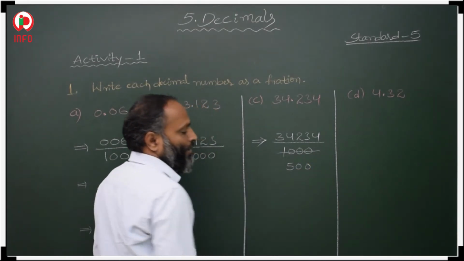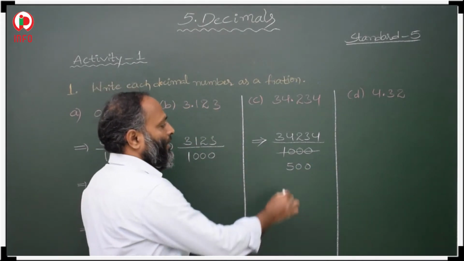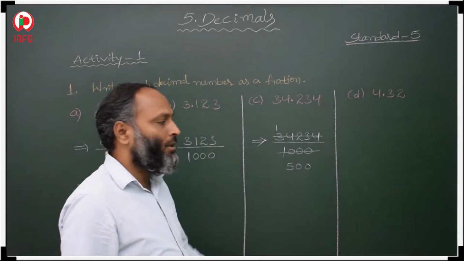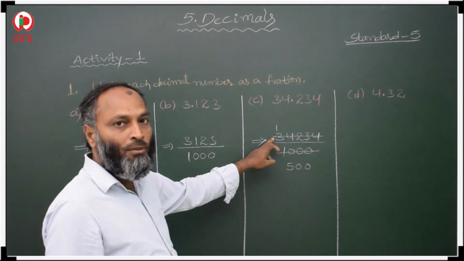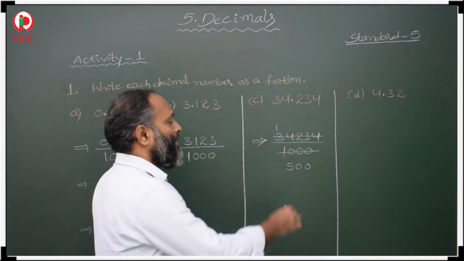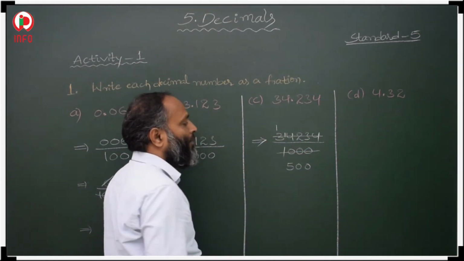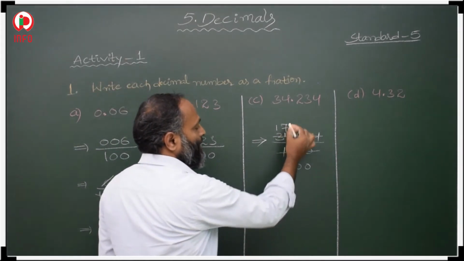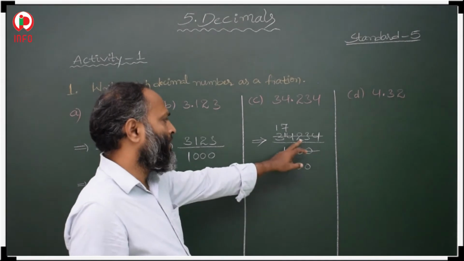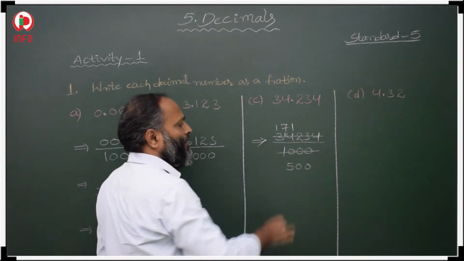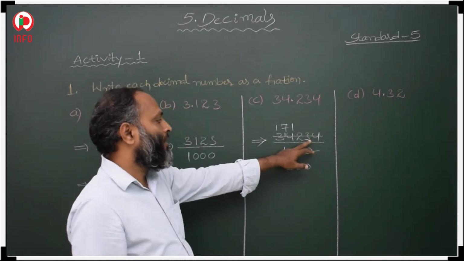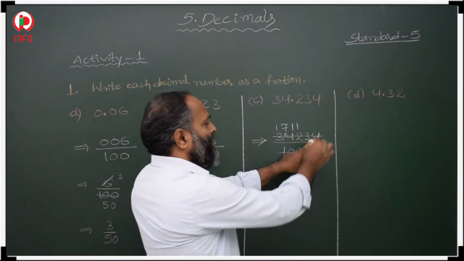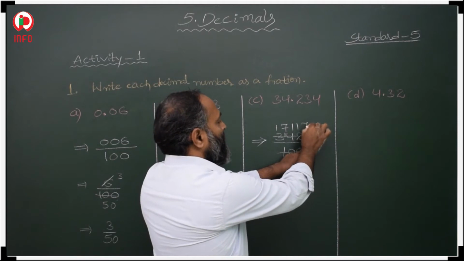Then 2 1s are 2, here 3 is there, 2 and 3 difference is 1, so 1 comes here. It becomes 14. 2 7s are 14. After that, 2 ones are 2, and here 3; the difference is 1. 2 sevens are 14.